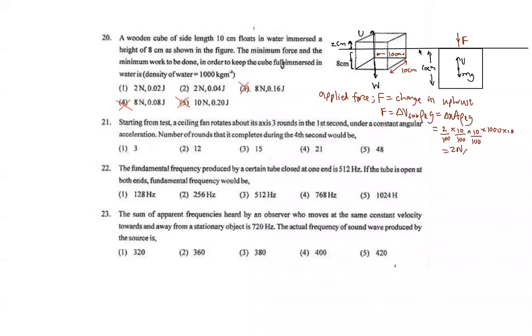Okay, let's finish this off with work done. Work done is equal to force into distance. What is the force applied? We are applying a force of 2 Newton, times the distance traveled, which is 2 centimeters, 2 over 100. Therefore, 0.04 joules. The problem is the weight and upthrust are there.